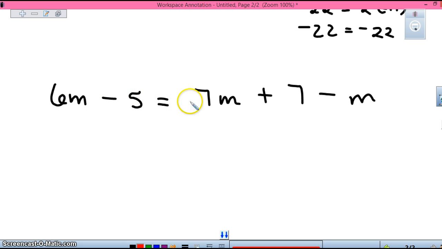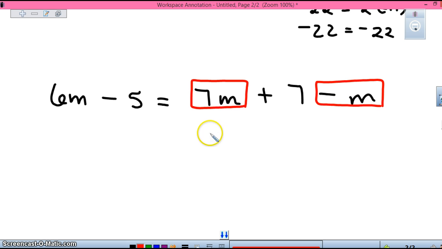6m minus 5 equals 7m plus 7 minus m. We have to start by combining the like terms on the same side of the equal sign. So we have 7m minus m, 6m plus 7 is equal to 6m minus 5.